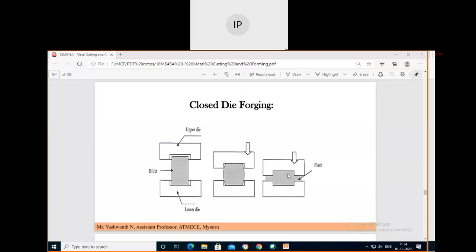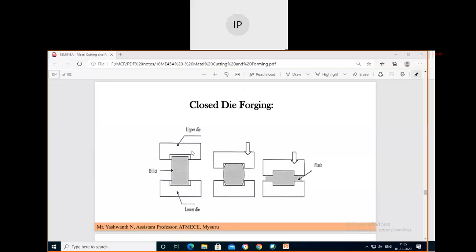This is called closed die forging. If you apply the force on the upper die, it takes whatever shape the die has, automatically. Clear? That is the difference between open and closed die forging.